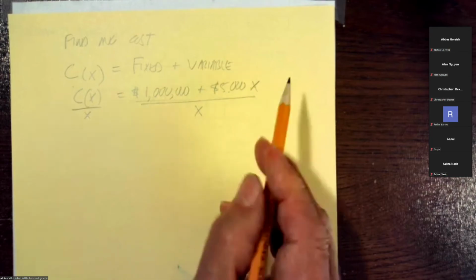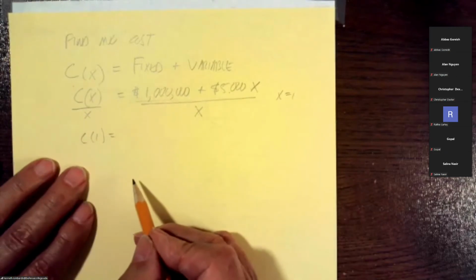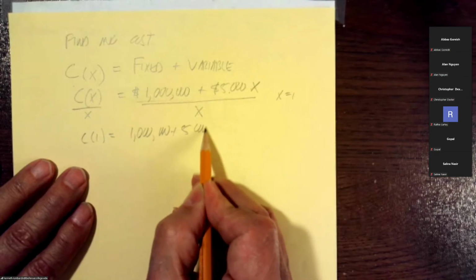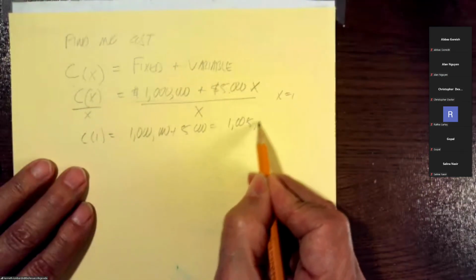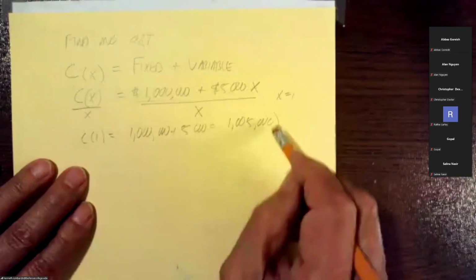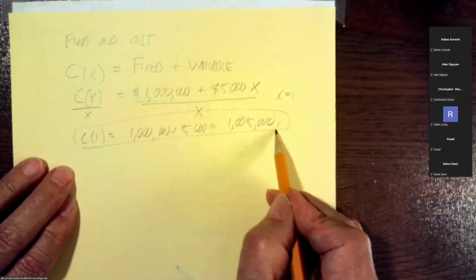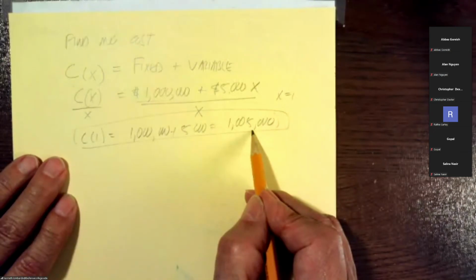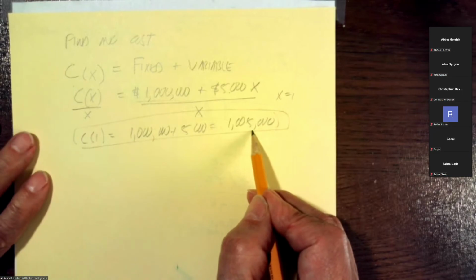But if we built 1 unit, if x equals 1, the cost of 1 unit would be 1 million plus 5,000 divided by 1, or 1 million and 5,000. And that's the average cost of 1 unit. And you're going to say, well, that doesn't work. I can't make any money selling units for $1,005,000. So let's see what it goes to if I build more units than that.